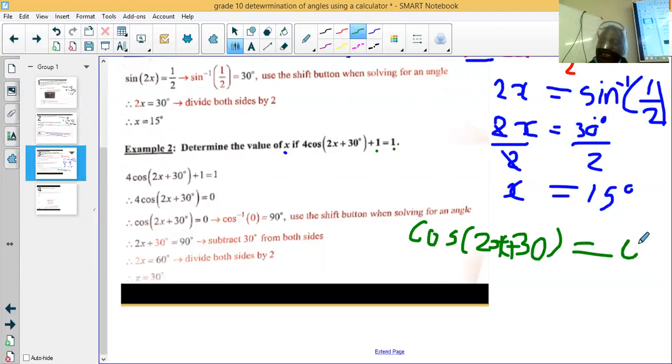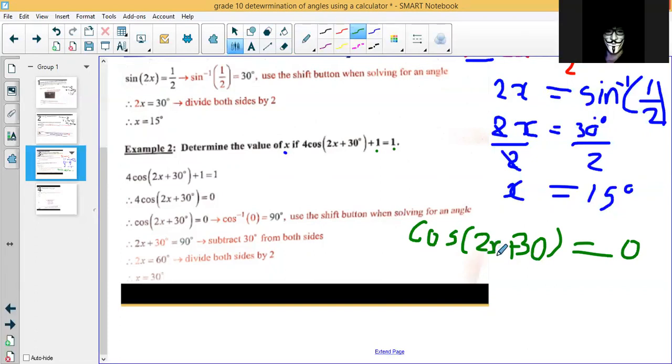Our intention is of making x the subject of the formula. What is it that we need to do? Get rid of the cos. Cos 0. Yes. Arc cos. We find arc cos.